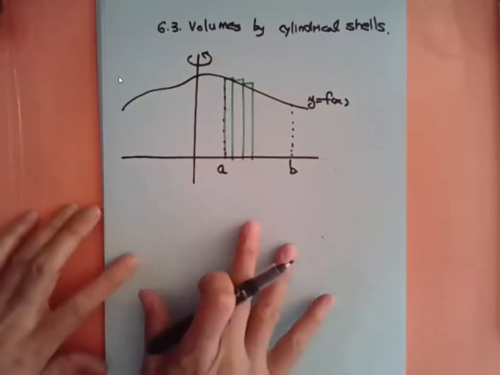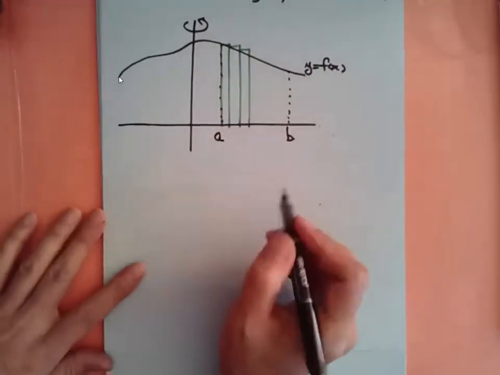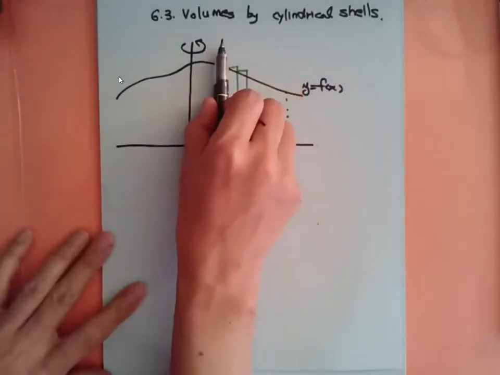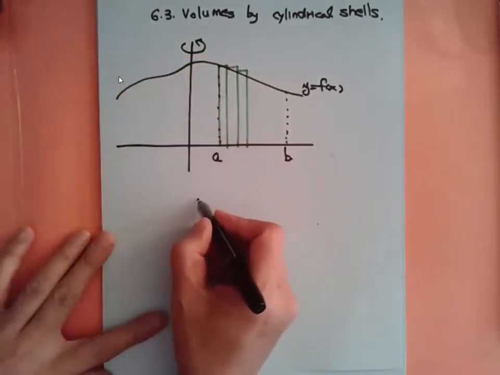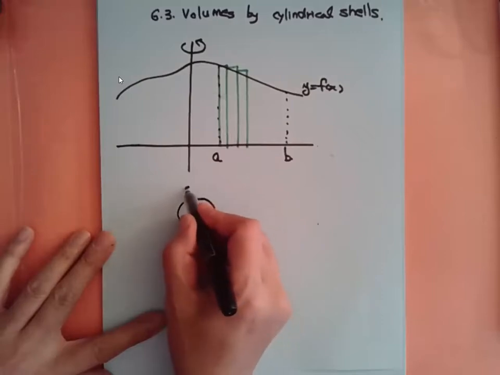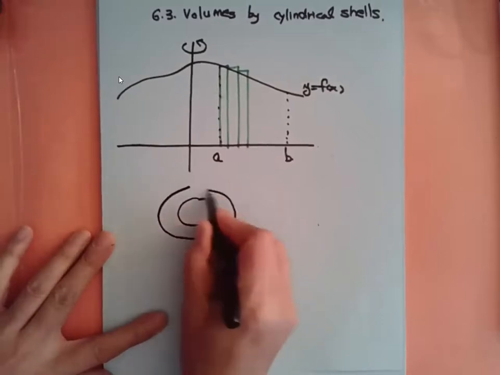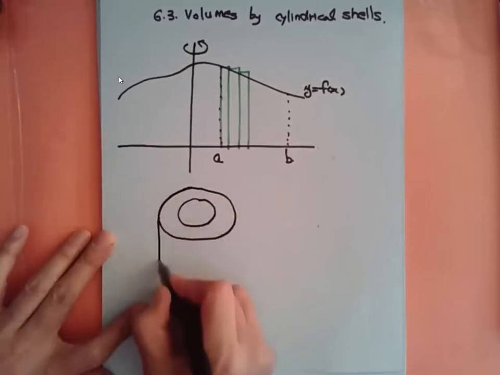When we rotate this kind of stick around the y-axis, we will have a cylinder whose inside is empty. So it looks like this.